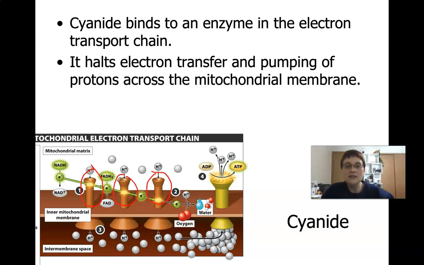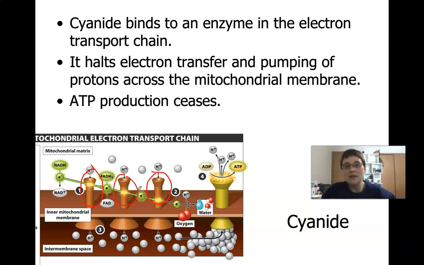So cyanide's going to attach somewhere along here, and it doesn't matter which one. If it attaches here, yeah, electrons can move through the first 2, but then they can't move any farther, and it actually stops up the line, and you can't pass any more electrons.